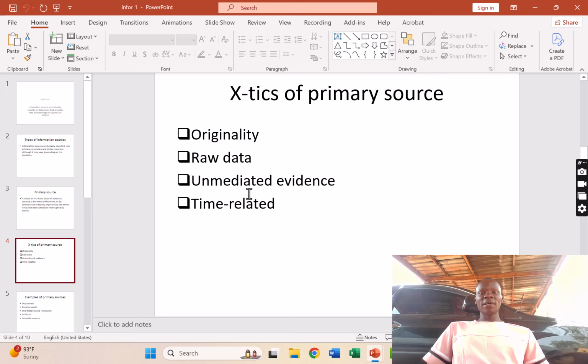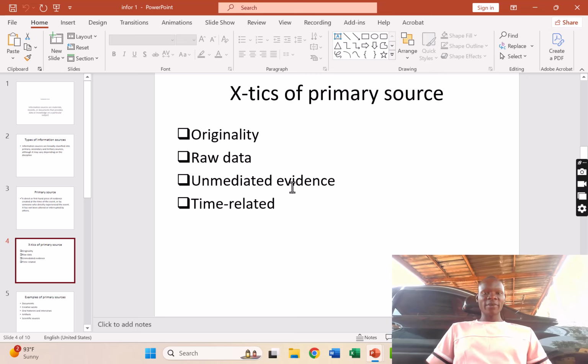So we also have the unmediated evidence, which is also under the characteristics of primary source. Unmediated evidence means there is no interpretation or analysis from another person. The source itself is the evidence. So it has not been mediated.